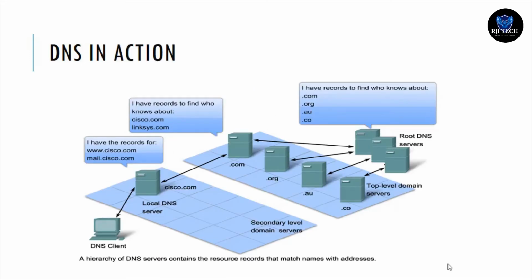If we can see DNS in action, here we have a DNS client that contacts its local DNS server asking for what is the IP of cisco.com. This local DNS server does not have the answers, but can ask a parent DNS about things that end in .com. What is the IP of cisco.com?